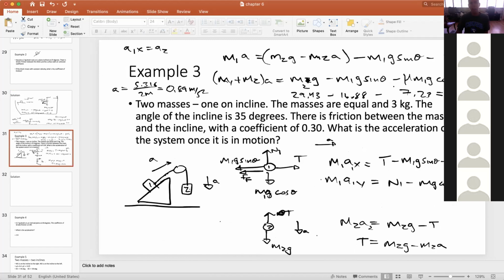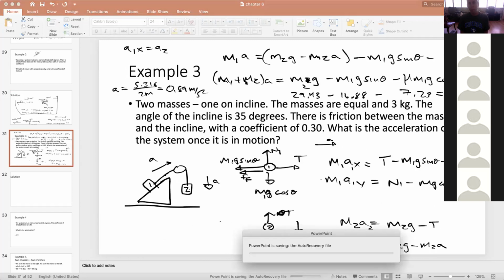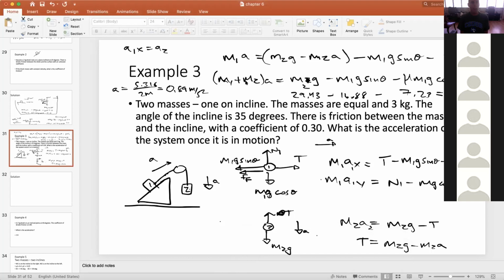I just plugged in numbers, 0.3, m1 and m2 are both 3, g is 9.81, sine of theta 35. Let me know when you're done with that. Because there's 2 of them, m1 plus m2. Does that make sense, Sam? No, 2 masses.